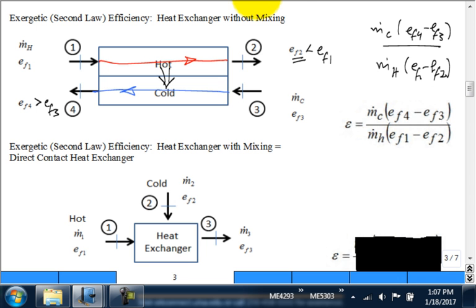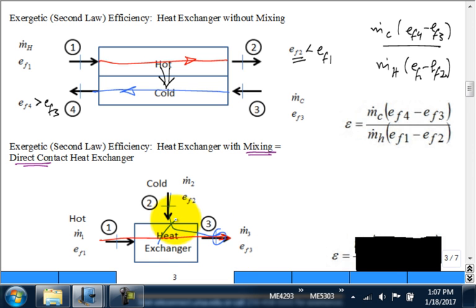Likewise, if you have a heat exchanger where you have mixing, what they call a direct contact heat exchanger, you have fluid that's hot, it comes out lukewarm. The cold comes out lukewarm, so the temperature of the exiting stream is just one temperature. At state 3, one flow exergy.